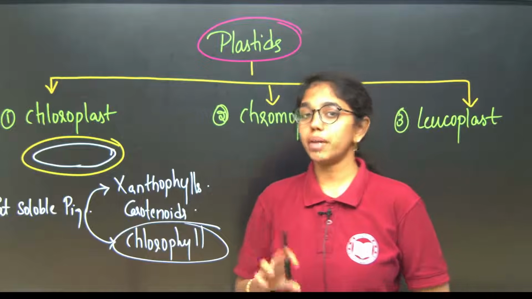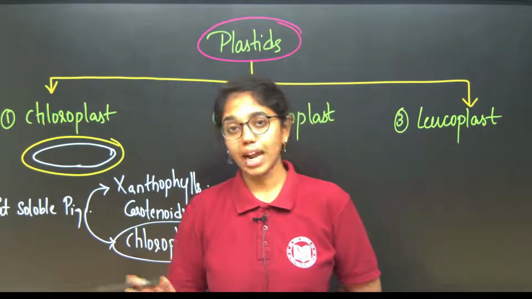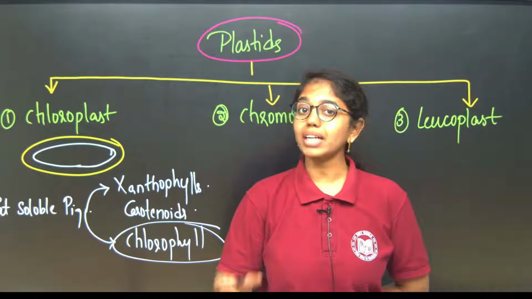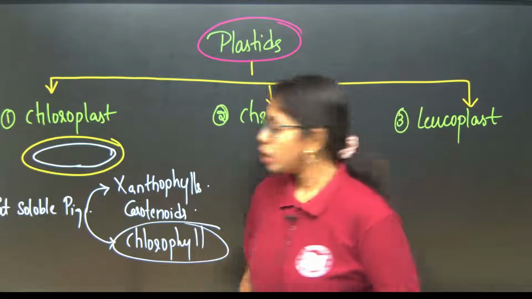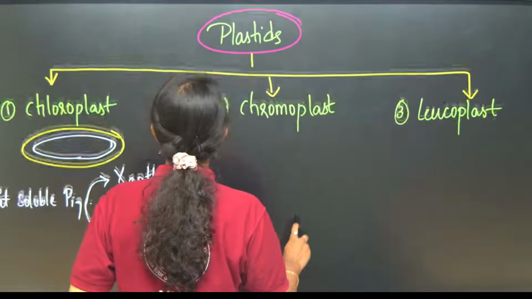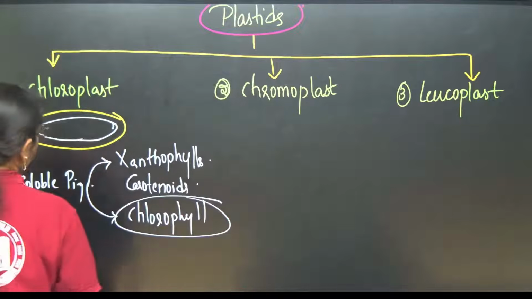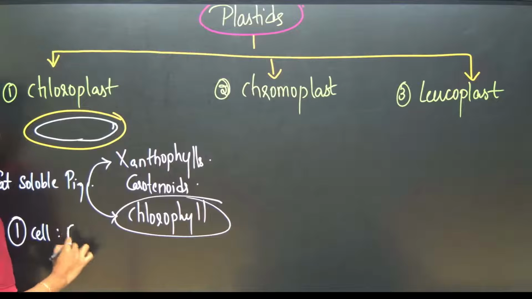chloroplast is cup shaped inside the Chlamydomonas. But then in a mesophyll cell of higher plants, you can see 20 to 40 chloroplast organelles present per mesophyll cell. So here if you see, chloroplast organelle can be 1 per cell in Chlamydomonas.